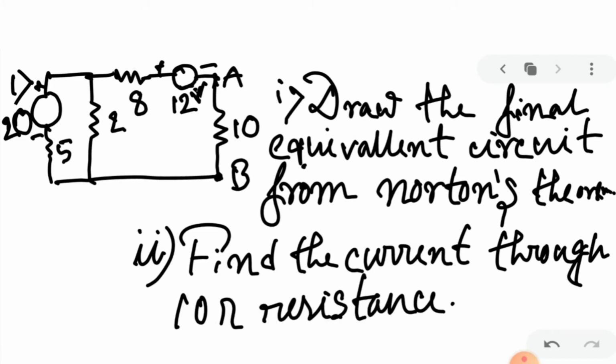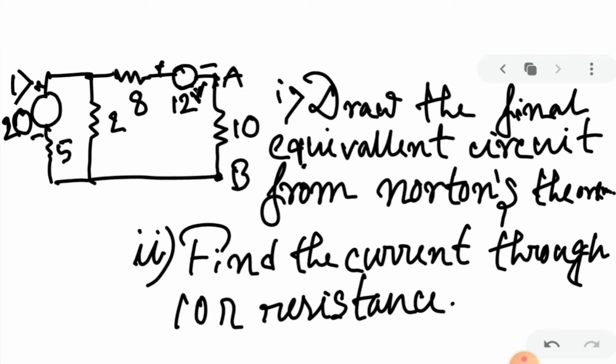Where is the 10 ohm resistance? It is between terminals A and B. Here is the 10 ohm resistance. So you need to find the current through A and B and draw the final equivalent circuit from Norton's theorem.